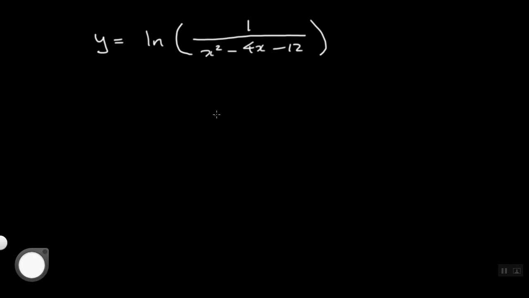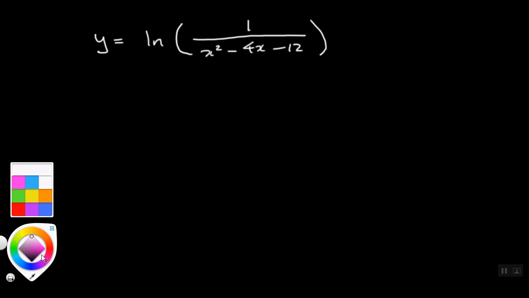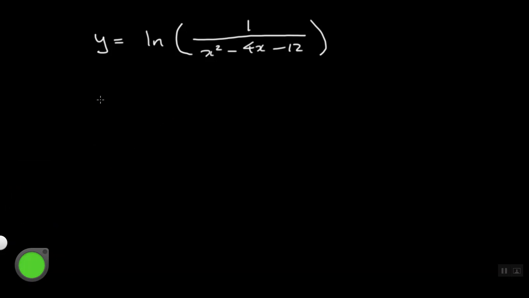Okay, so here we go again, and to make this a lot easier, we deal with that reciprocal right up front. Let's do this in green. It's a little hint to say this is how we should have differentiated this before, but of course you wouldn't have known what you were missing, and you can rewatch the video if you enjoyed that for some reason. Let's realize that I can write this as the natural log of x squared minus 4x minus 12 to the power of -1.